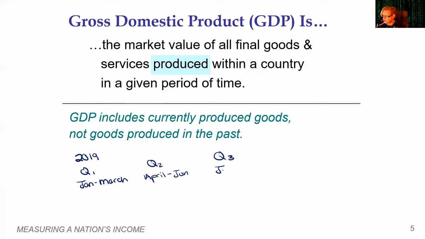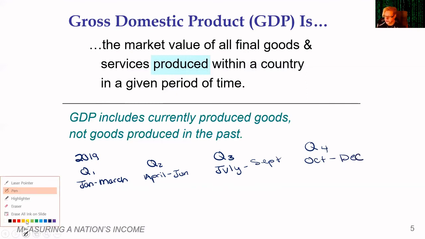July through September. And then we have the fourth quarter, which is October through December. Okay, so this is where it gets a little interesting. Let's imagine that we have a car. GM produces a car in January, so one car. They sell that car in the second quarter.